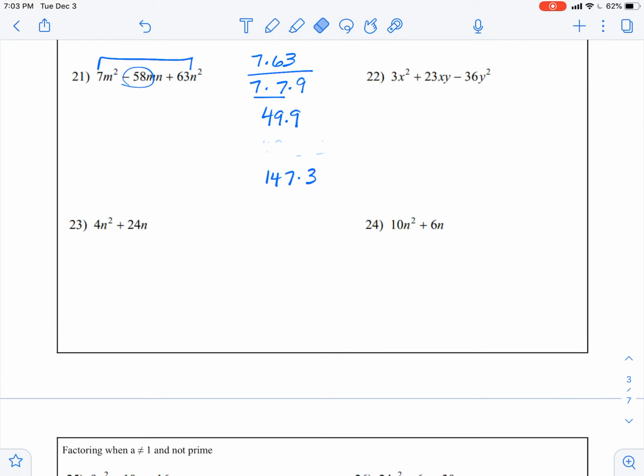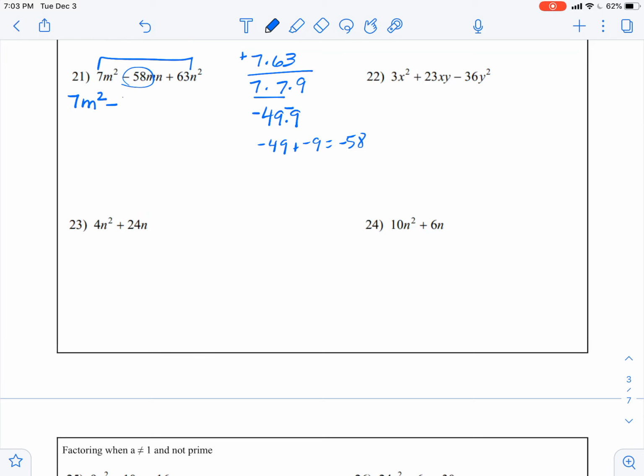But remember, I'm trying to get to 58. So when I did the 49 times 9, I need it to be a positive number and add to give me a negative. I could take negative 49 plus a negative 9, and that gives me my negative 58. So let me go ahead and write that down.